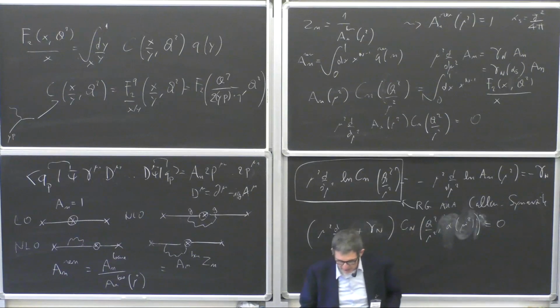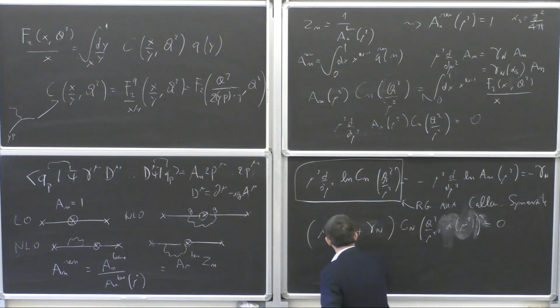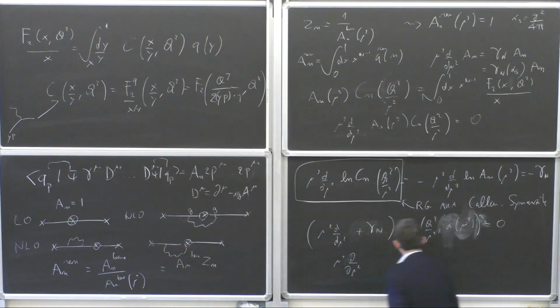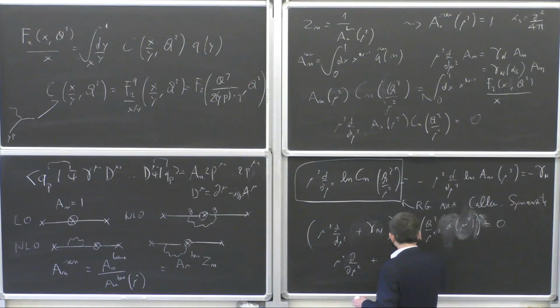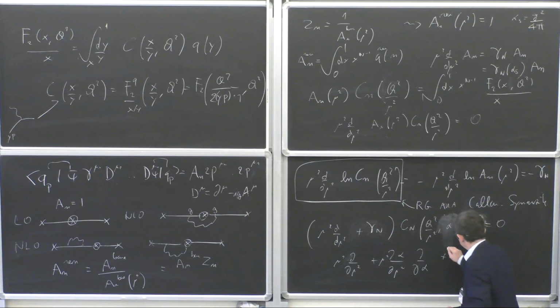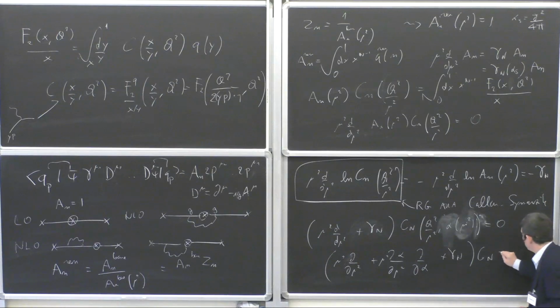And if you look at it that way, then you can rewrite this equation by observing, first of all, that you can write this as mu square partial mu square, where by partial derivative I mean the direct dependence, plus partial alpha partial mu square, partial alpha, plus gamma n, Cn, and I won't write all the arguments of Cn, which have remained the same.